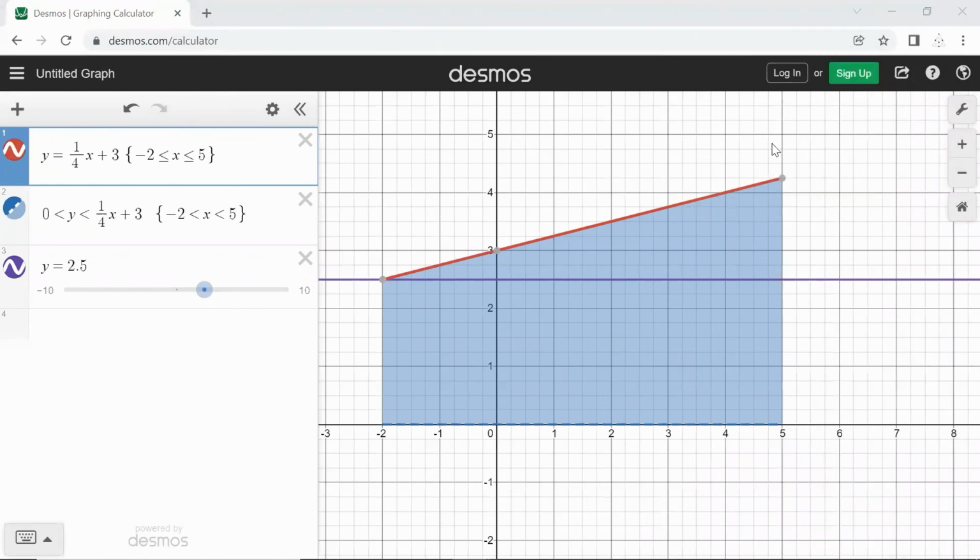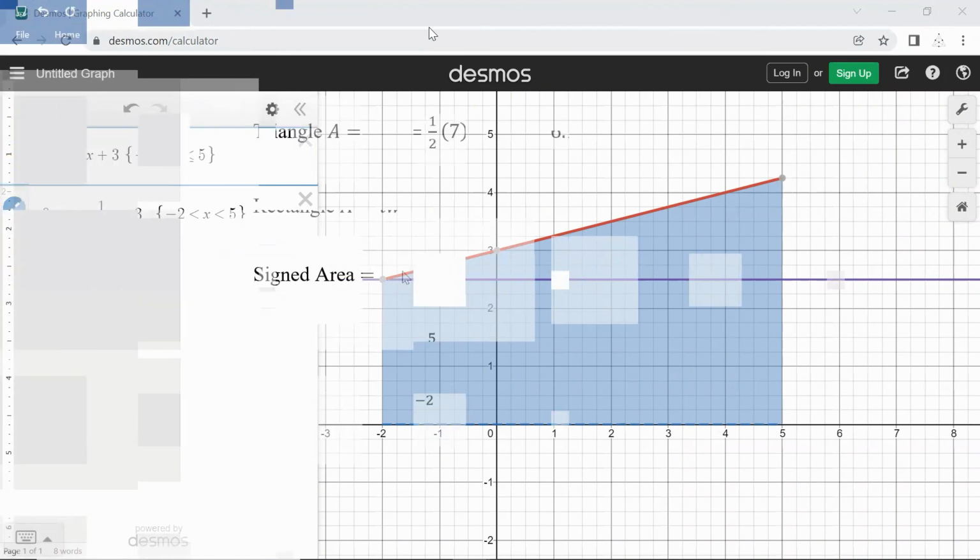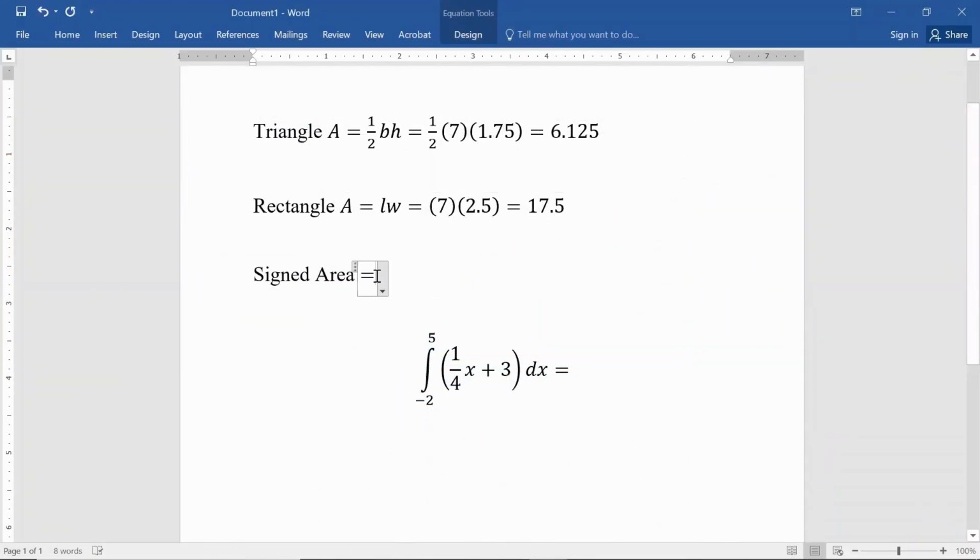And this is the picture again. So in our case, notice that this entire blue area is above the x-axis. So we are going to add the rectangle and the triangle together to get the total signed area. That means the signed area will be 17.5 plus 6.125.